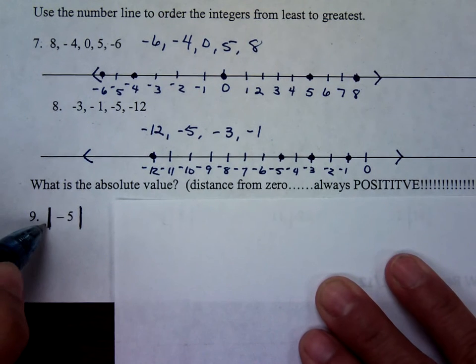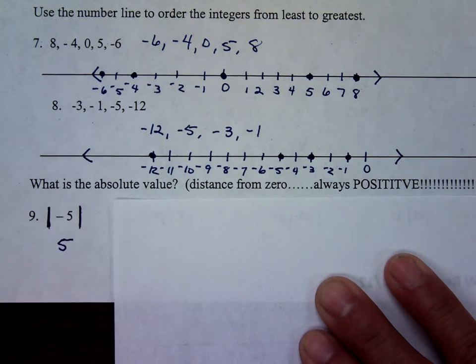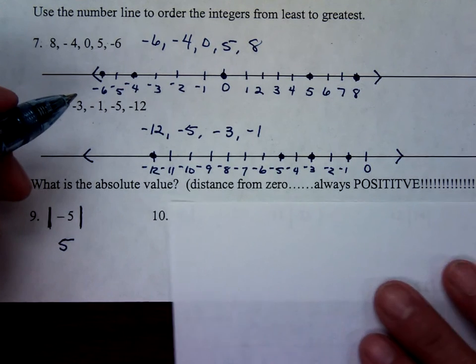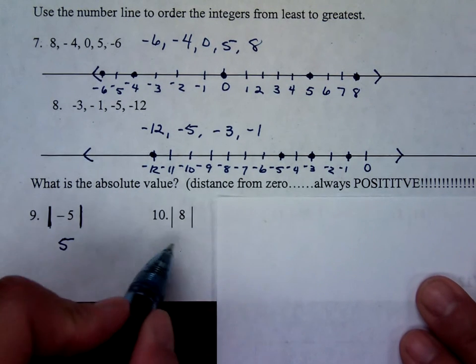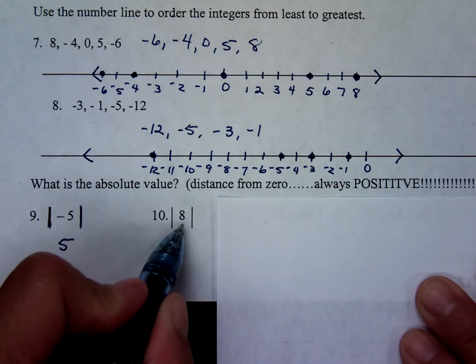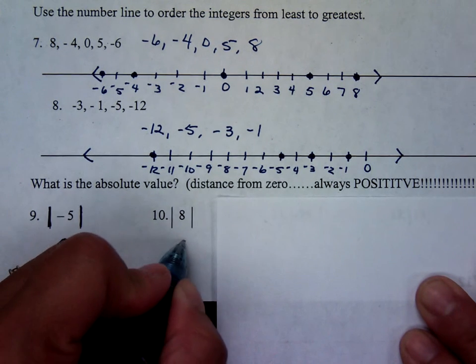The absolute value of negative 5 is asking how far negative 5 is from 0, and the answer is 5. The answer is always positive. Look at number 10. The absolute value of 8 is how far 8 is away from 0, and the answer is 8.